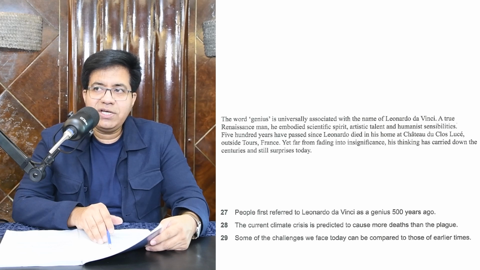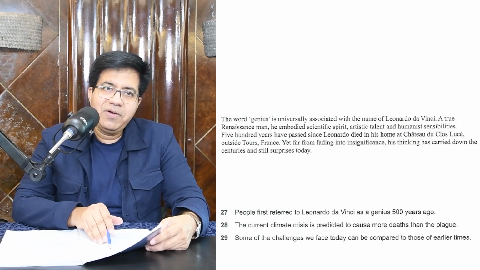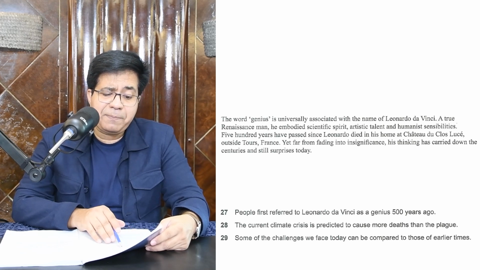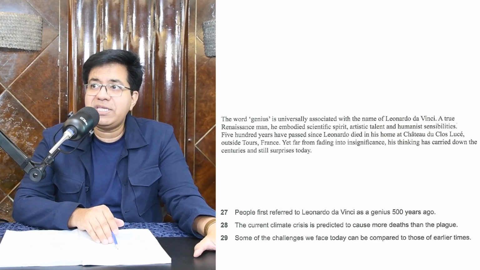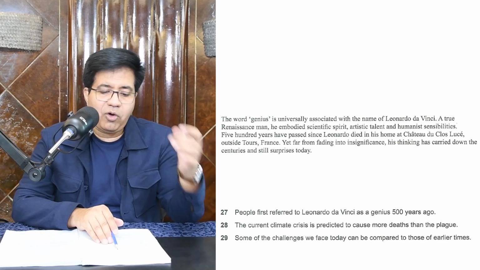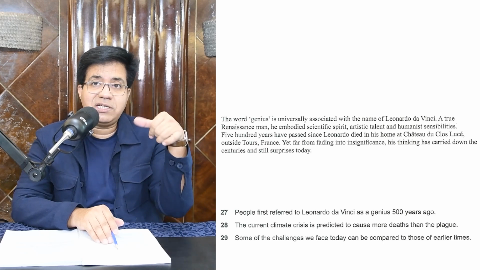Now, have they mentioned that people started calling him genius 500 years ago? They only said 500 years have passed since Leonardo died. So 500 years is not associated with calling him genius, it is associated with his death.